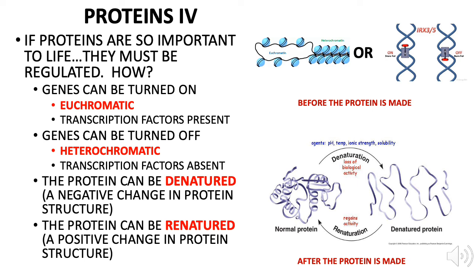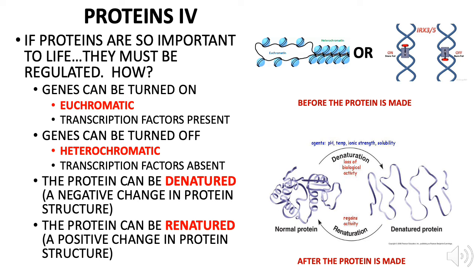So you'll see the word euchromatic, which is essentially nothing more than an adjective corresponding to the idea of euchromatin. This is a loosely packaged form of DNA that is readable and therefore can result in the formation of a protein.